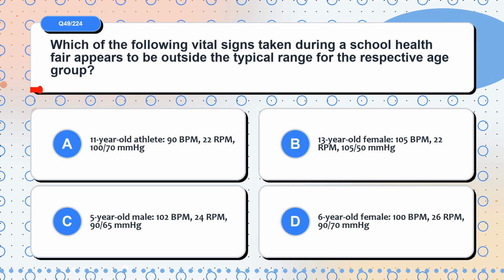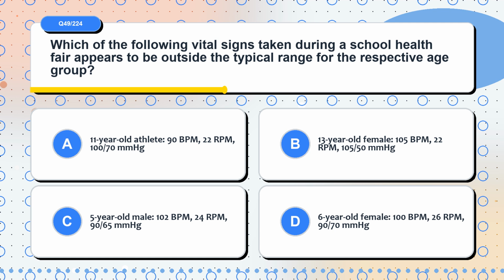Question 49. Which of the following vital signs taken during a school health fair appears to be outside the typical range for the respective age group? Here are the options. Option A, 11-year-old athlete, 90 bpm, 22 rpm, 100/70 mmHg.